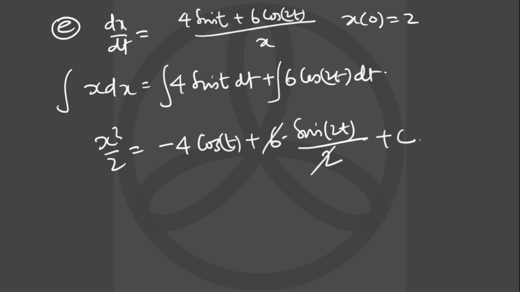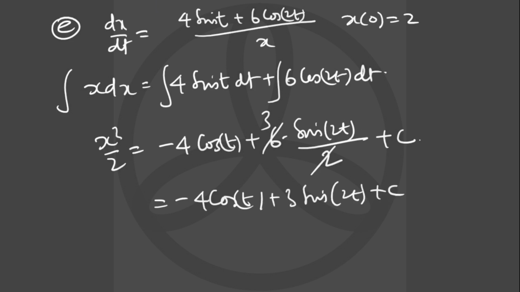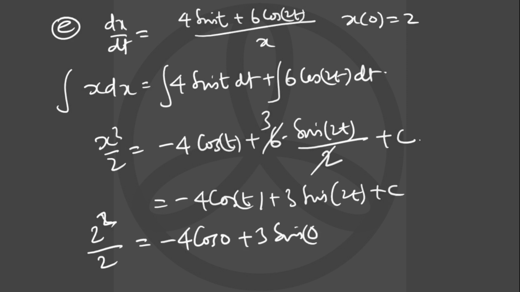This will give us 3. This will be minus 4 cos 2t plus 3 sine of 2t. This will be 2 squared over 2 is equal to minus 4 of cos 0 plus 3 sine 0 plus c.